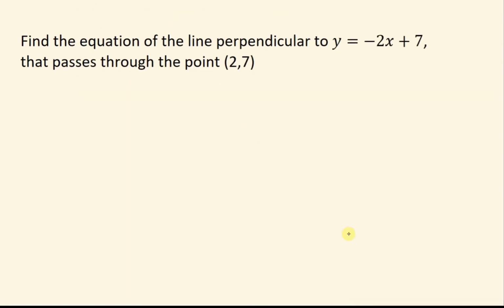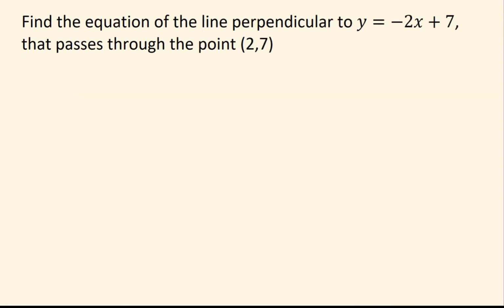Okay, let's see that idea again. So a perpendicular line to this, which goes through this point here. First step, we're going to identify the gradient. Here m is minus 2. Therefore our perpendicular gradient will be 1 over that. And we had a minus sign, so we're going to get rid of it.